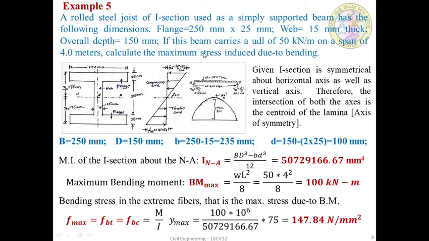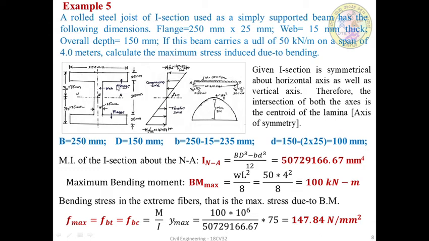So here, by referring to the dimensions, we can draw the cross section of the beam section. After drawing the beam section, this is symmetrical about the horizontal as well as the vertical axis. Here, there is no need of finding the y bar with respect to the bottommost layer or the topmost layer.